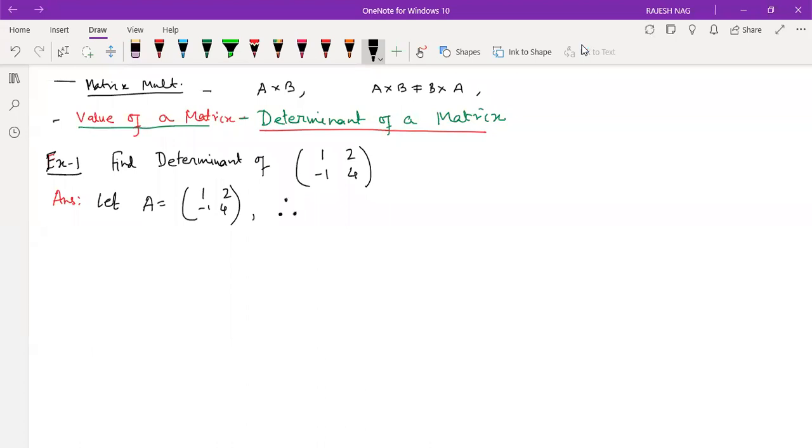So mod A is the symbolic representation of the determinant, and that is equal to, write it like this, simply mod 1, 2, -1, 4, and it is calculated like this.